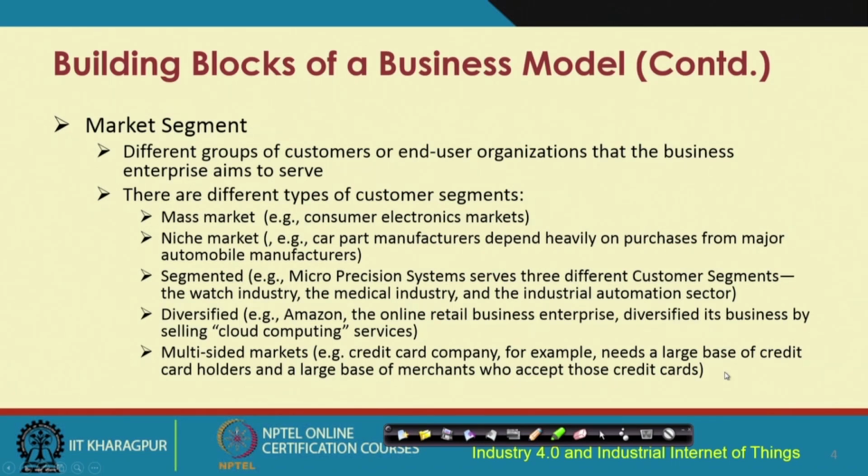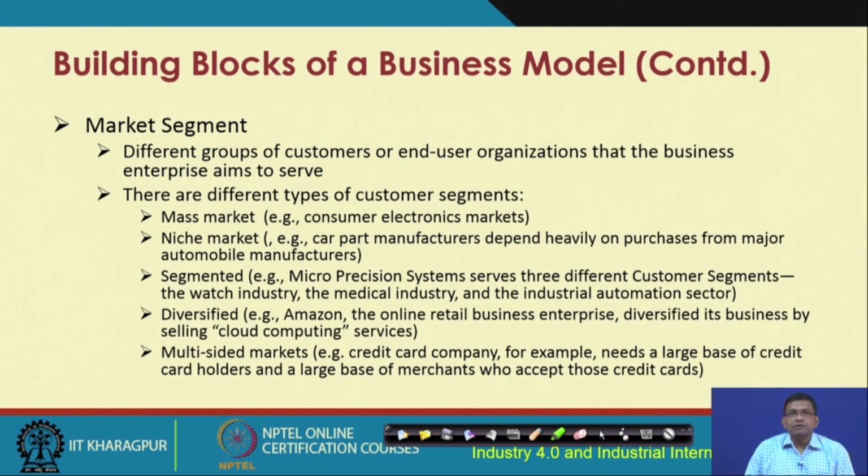The next is the market segment. Market segment basically talks about the different segments of the market that have to be considered: different groups of customers, the end user organizations that the business enterprise aims to serve, and there could be different types of customer segments.